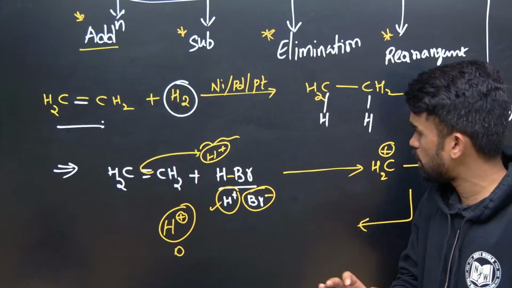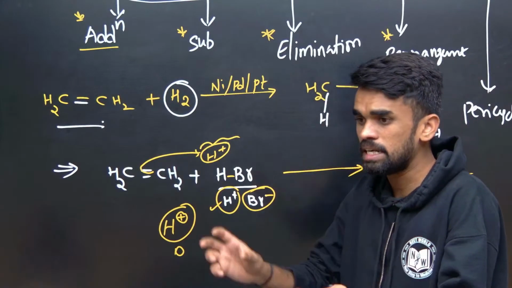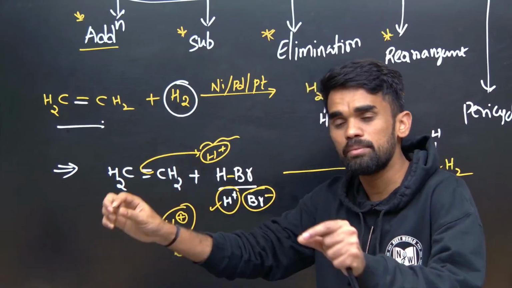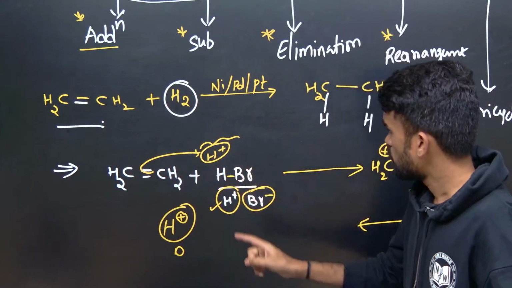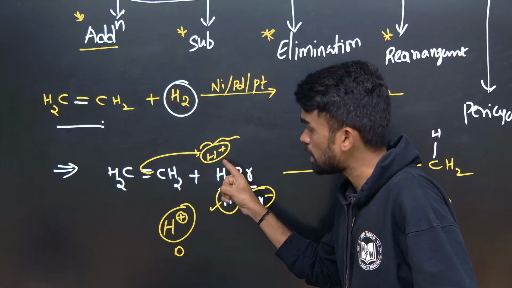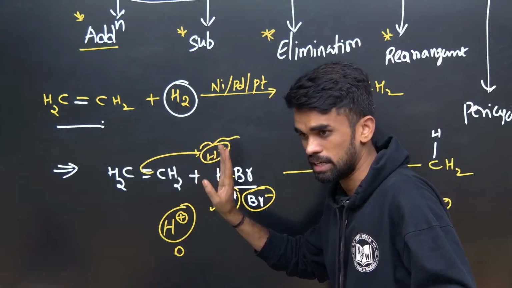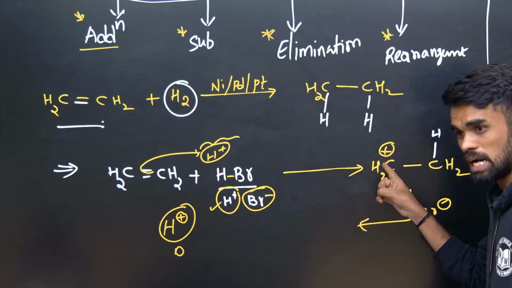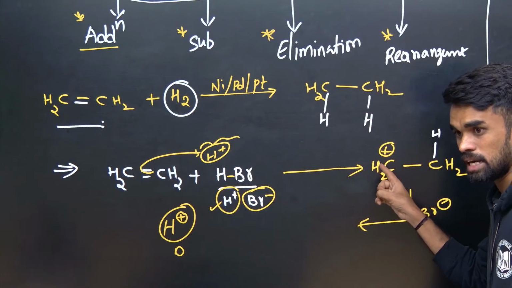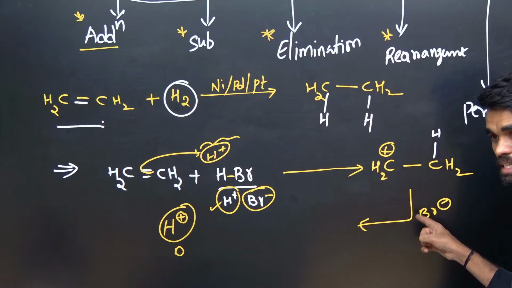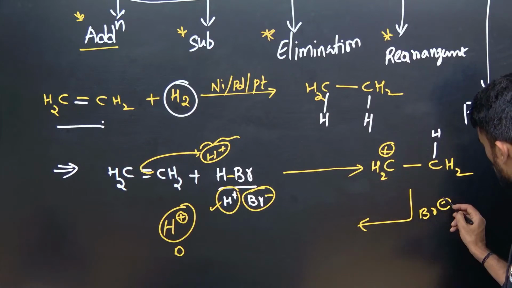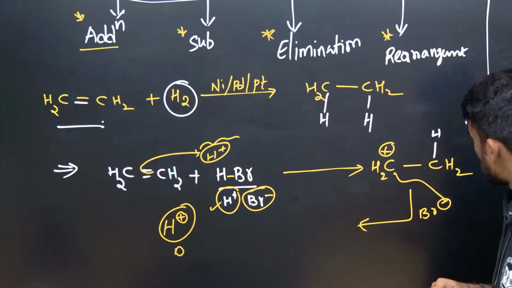You just need to identify which is the electrophilic site and which is the nucleophilic site, and make a bond between them. That's it. First, this is the electrophilic site, so these nucleophilic electrons are added here, that is done. Again here is an electron deficient site, meaning an electrophilic site. Can I say Br minus is a nucleophile? Yes. So this nucleophile goes and attacks here, that's it, our reaction is over.